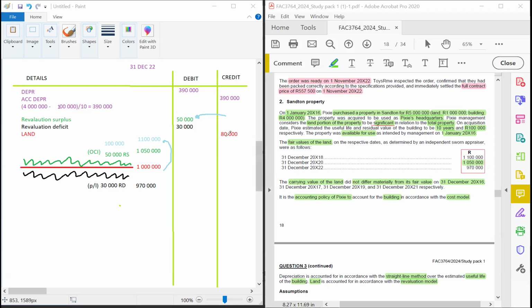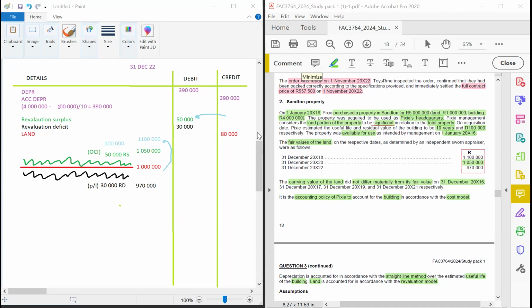So land has decreased by 80,000. Here we are just breaking it down into the relevant expenses. Does it make sense? Okay. Andile, does it make sense? Yes, it does. Thank you.